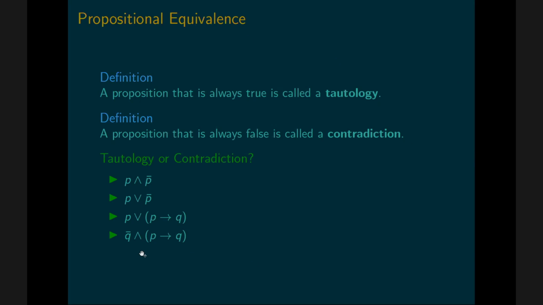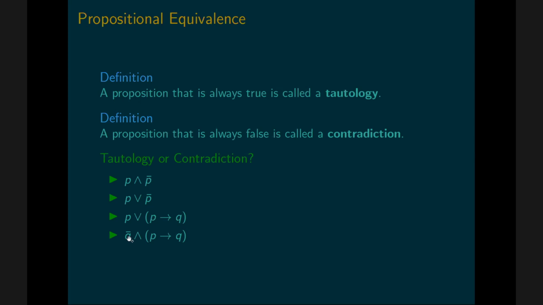So this is a contradiction, because they have to both be... Can you explain why? So this is false if at least one of these two is false, because we have an AND.